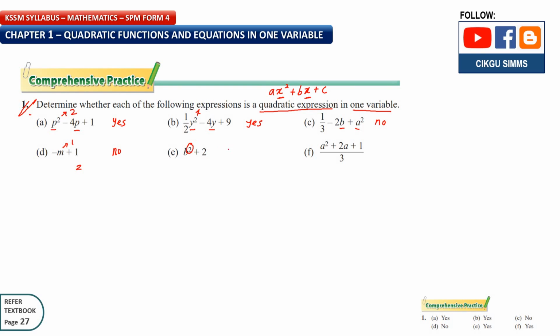This one, highest is 2, also yes. And this one, highest is 2, also yes. This one is just a number, because if you divide everything by 3, you will get this. Okay, so actually it's a quadratic expression in one variable.